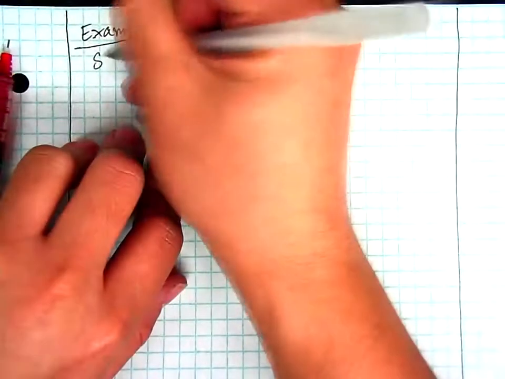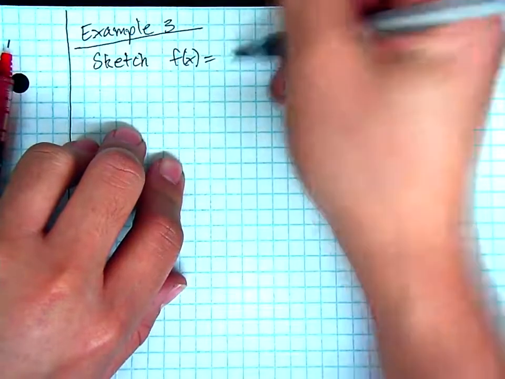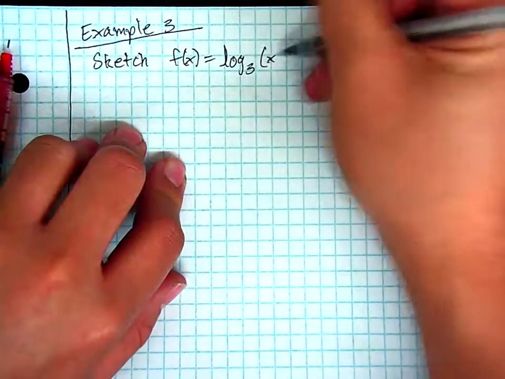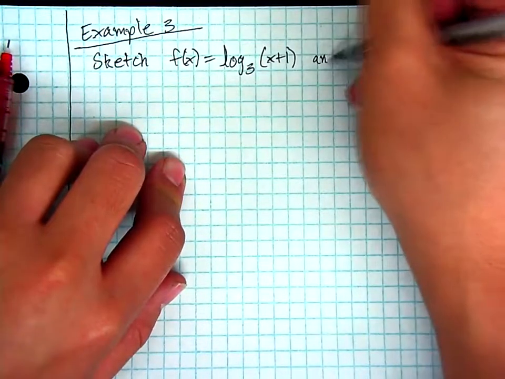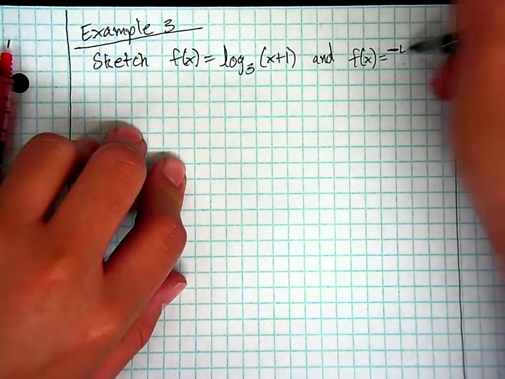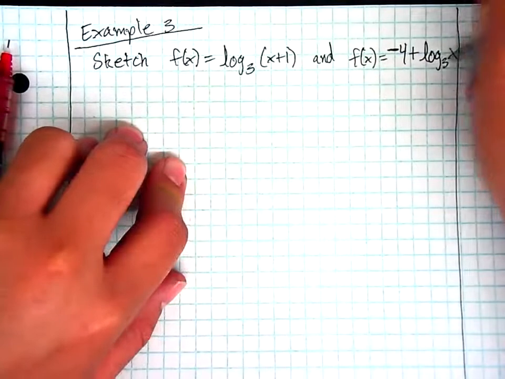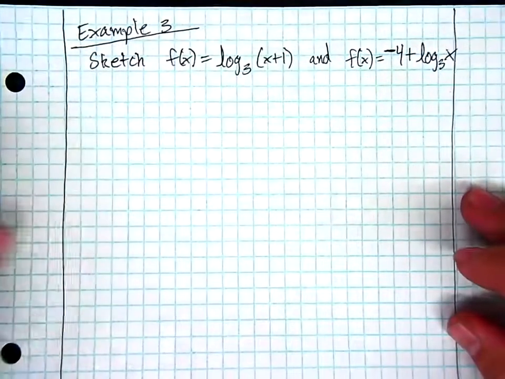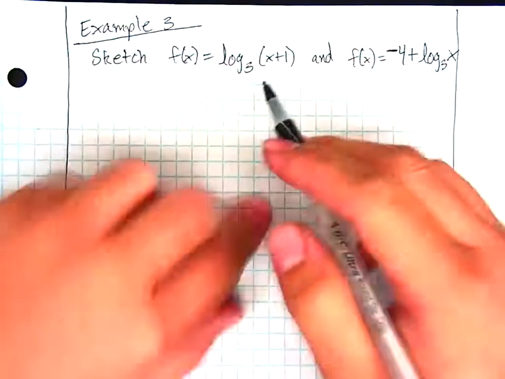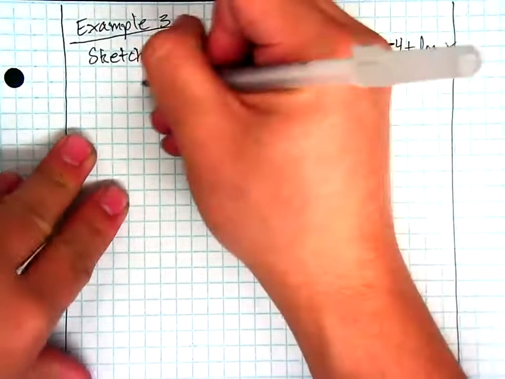I want us to sketch f of x equals log base 3 of x plus 1 and f of x equals negative 4 plus log 3 of x. Okay? So I'm going to use the same base of 3 just so that I can go off of the previous function. Let me go ahead and sketch that in really quickly.